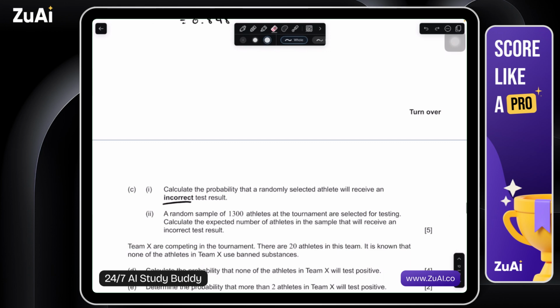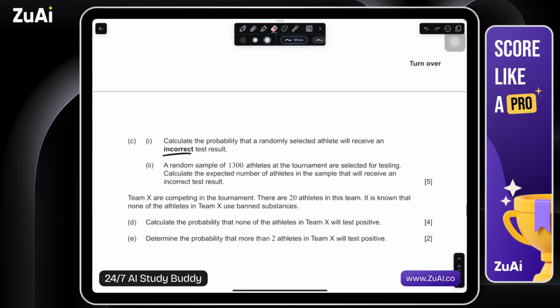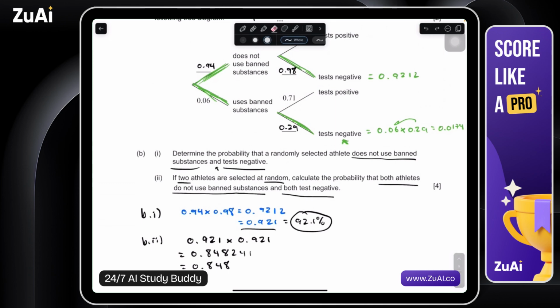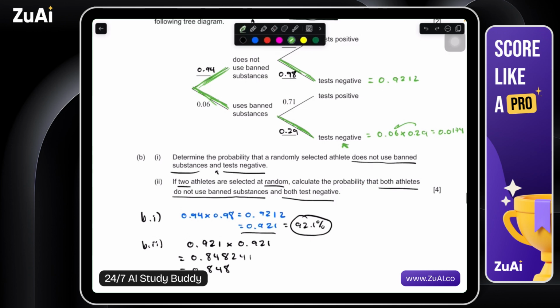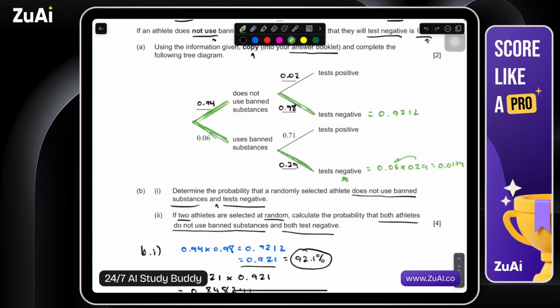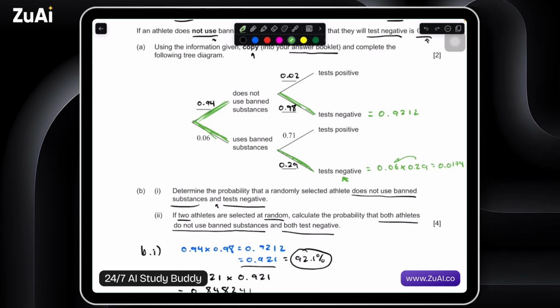Okay, so calculate the probability that a randomly selected athlete will receive an incorrect result. Well, what can we say? Okay. Whoops, sorry, I made a mistake. Does not use banned substances and tests positive. Here we go.